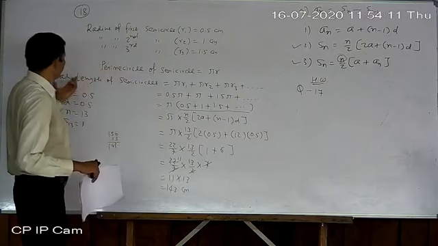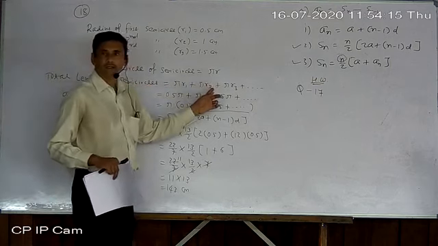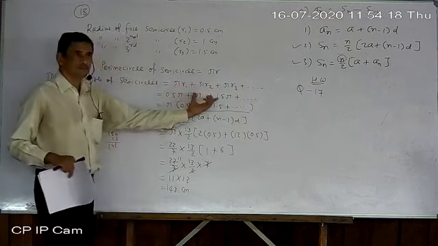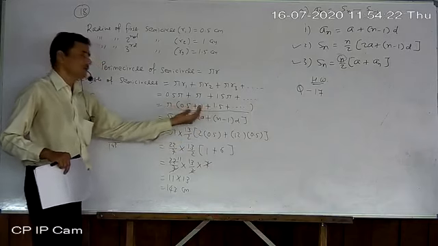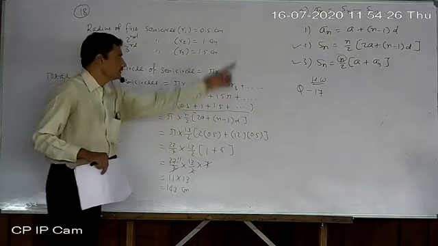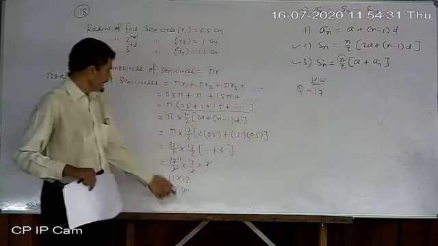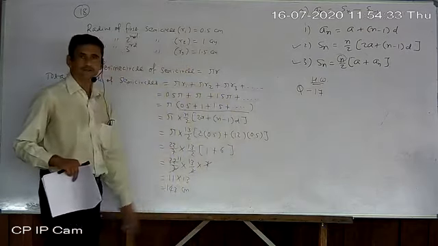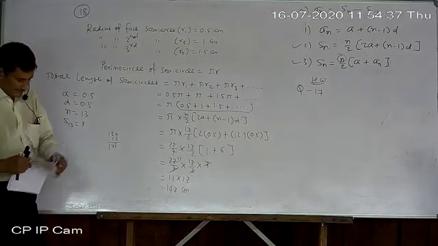So we find the total length of the semicircles using that formula. We know all values of r, we place them there, and pi is taken common. Whatever is left inside the bracket is nothing but an arithmetic progression, and we use the sum of arithmetic progression, formula number 2. The value of pi is also placed there. So we got the total length as 143 centimeters.